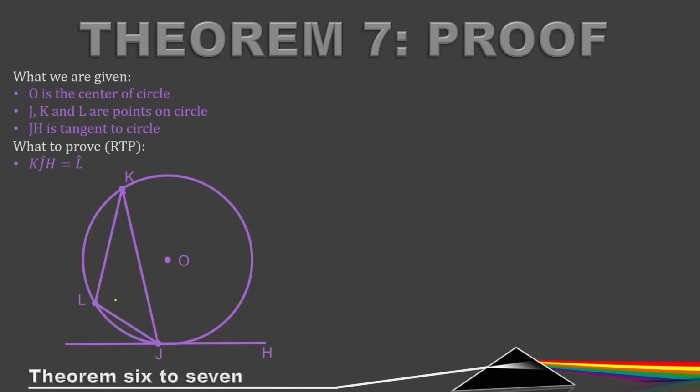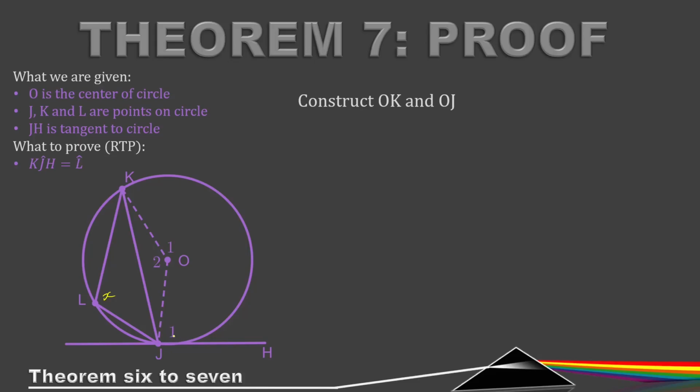The construction lines we are going to draw again are OK and OJ, but now our diagram looks a bit different, which makes our calculations slightly different than in the previous proof. We are still going to make this equal to x, and then work our way through to J1 to prove that J1 is also equal to x.